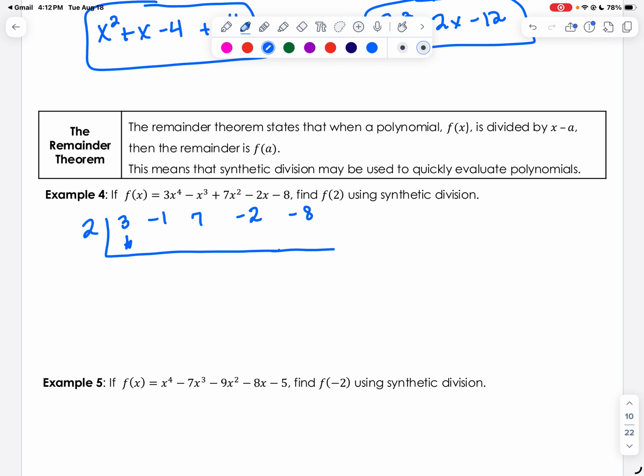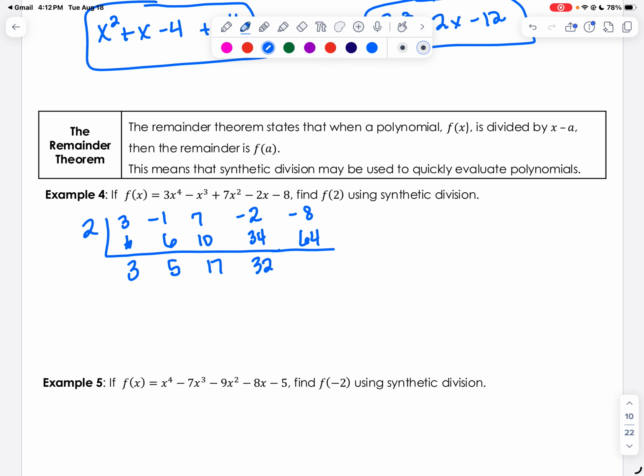Now I'll drop this down and multiply, add, multiply, add. 17 times 2 is 34, and add, that would be 32. 32 times 2 is 64, and then add.